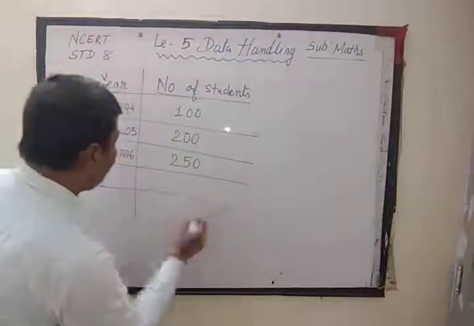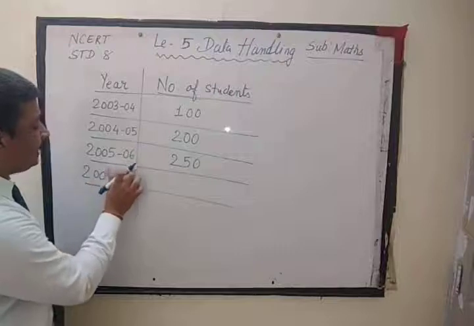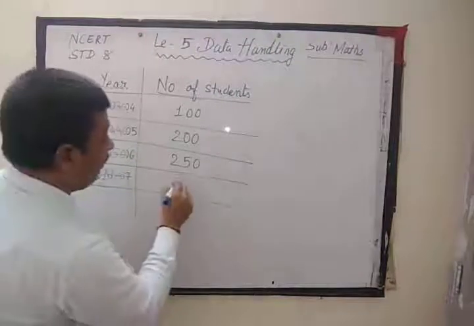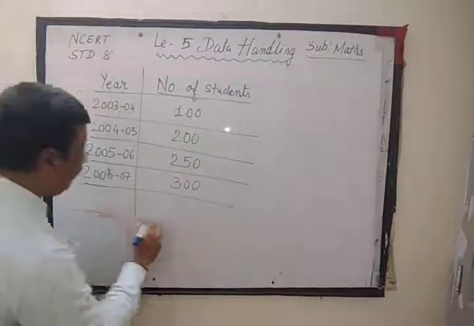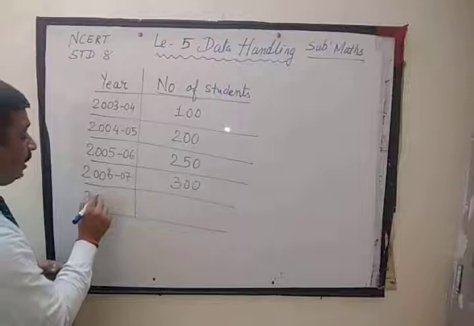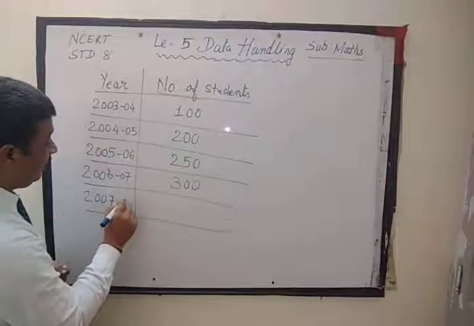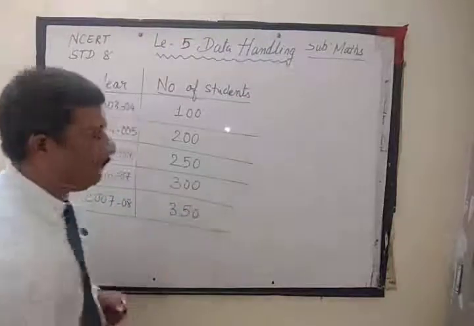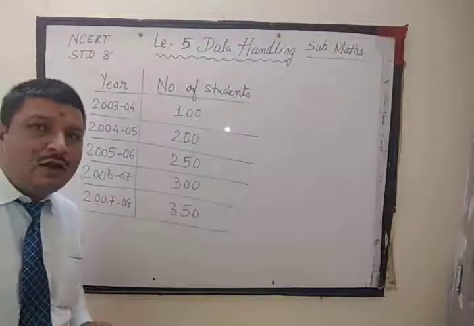Similarly, for the next academic session, 2006-7, it will be 300, and in the same way 2007-8 will be around 350. So this is the data given to you all.